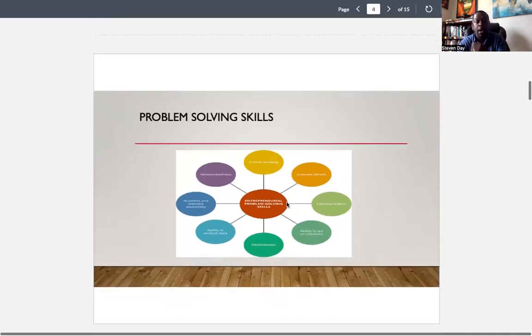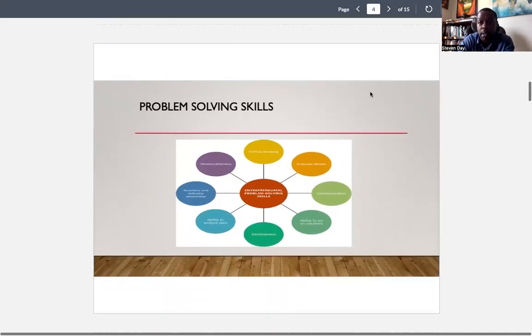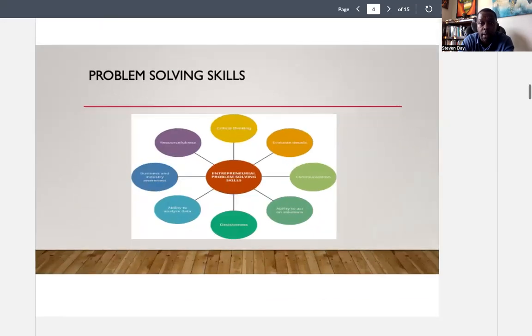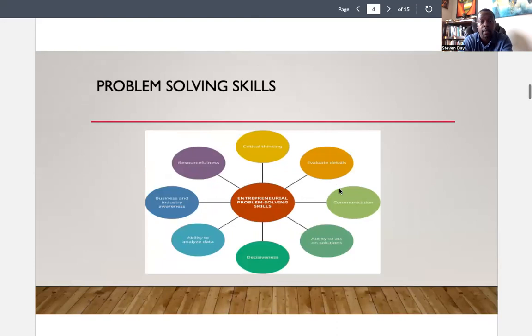All right, so some of the problem solving skills. Let's see if we can blow this up real quick. You have critical thinking, evaluate details, communication, the ability to act on solutions, decisiveness. We talked about how important that is for a leader or entrepreneur to be decisive.